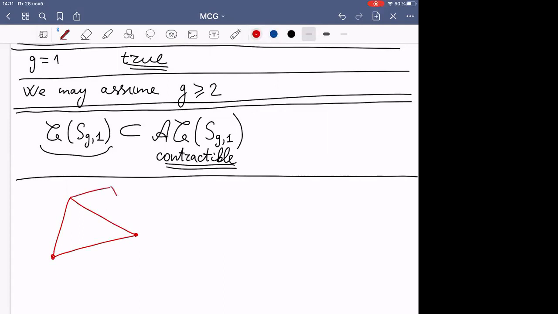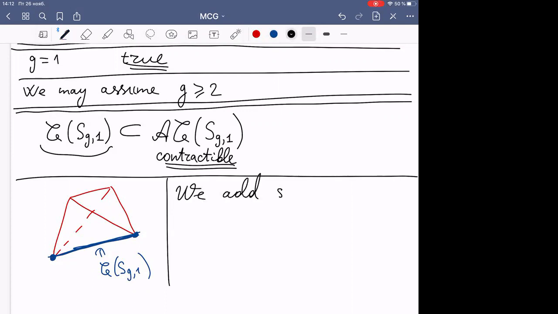So a typical situation is like that. We have this simplex, a simplex of the arc and curve complex, and say this blue subsimplex belongs to the curve complex. And we would like to add these simplices consecutively. So all simplices which are entirely in the curve complex are there from the very beginning. Then we add simplices.